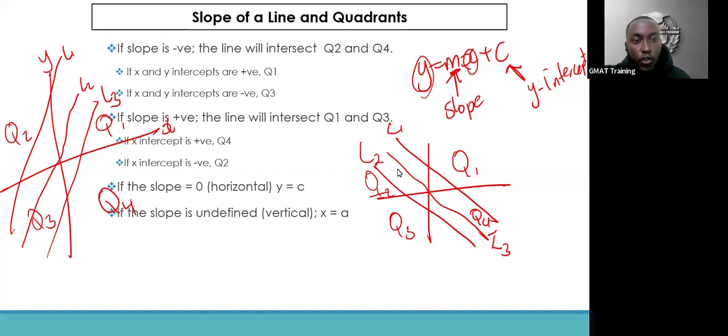So they must go through quadrant 1 and quadrant 3. And they can only go through quadrant 2 if the x-intercept is negative, and can go through quadrant 4 if the x-intercept is positive.